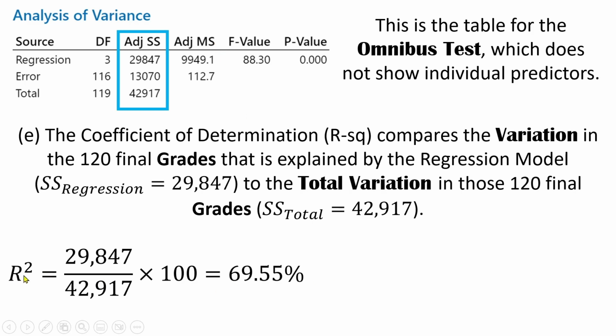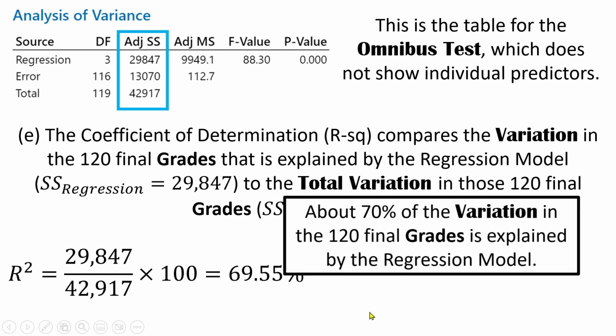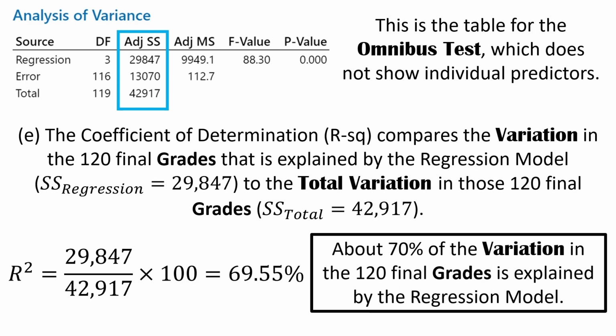So here, calculating r squared, we get this ratio. It's approximately 70%. And so we can say that about 70% of the variation in the 120 final grades is explained by this regression model. To put that in context, that's a very good percentage. That's telling us that the model will do a good job in making predictions about either the population mean final grade or an individual final grade. I'm just trying to say 70% is pretty darn good.